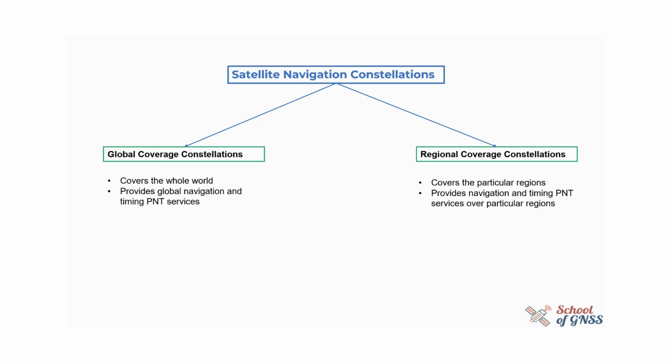They are dedicated to region-based navigation, so they provide navigation signals to particular regions. We will look at which constellations cover the whole world, and which satellites are designed only for regional purposes.